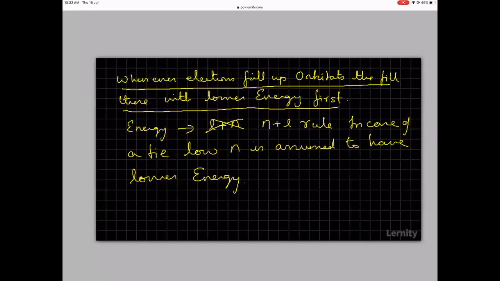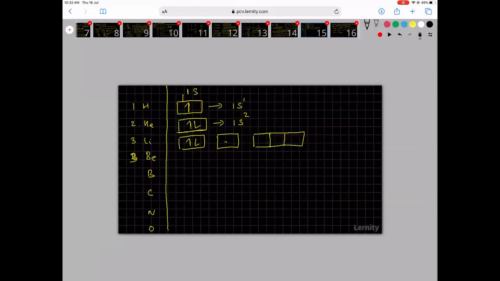Going back to our slide, the electron can come to 2s or it can go to 2p. But here the l value is 0, here the l value is 1. So when I use n plus l, this will have lower energy. So the electron comes here, the electron doesn't go here.